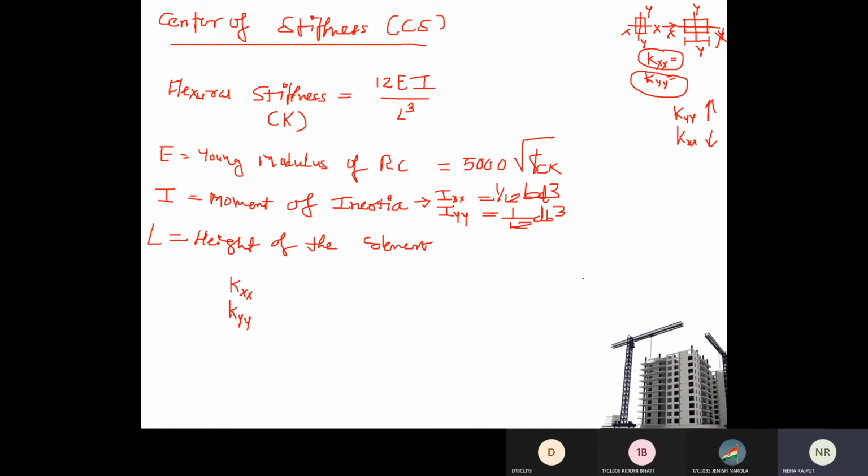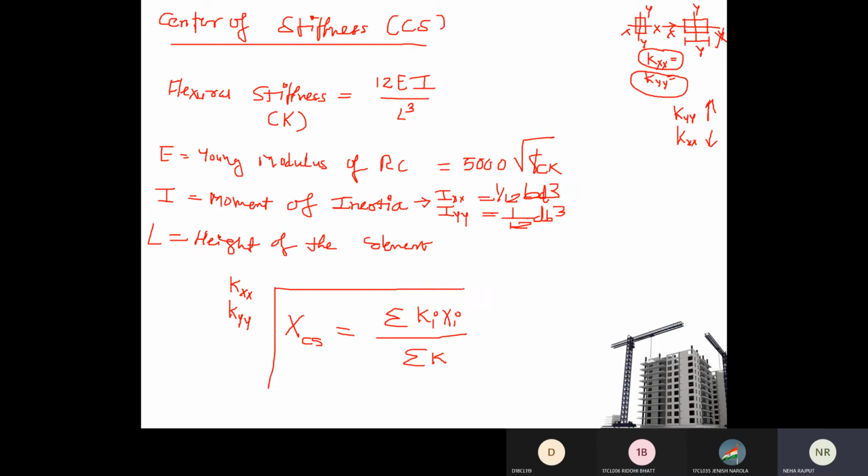Once you get the stiffness of all the elements along x and along y direction, to find the center of stiffness, x center of stiffness is equal to summation of ki xi upon summation of k.